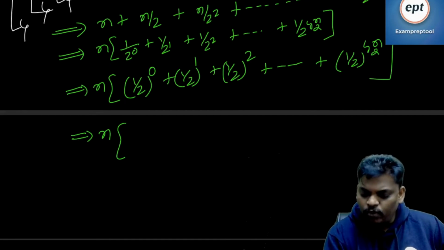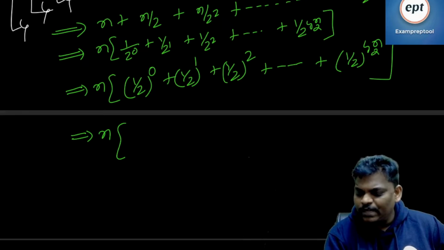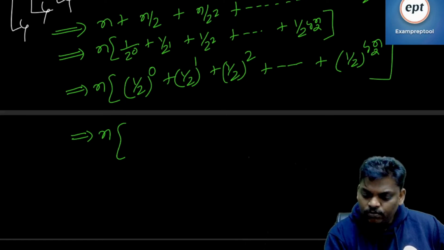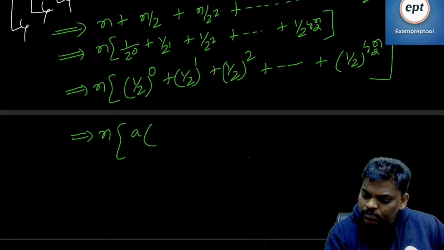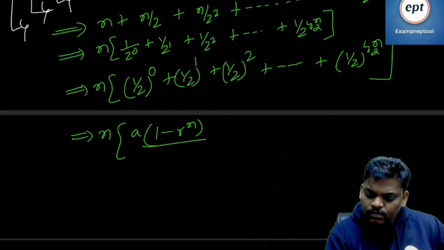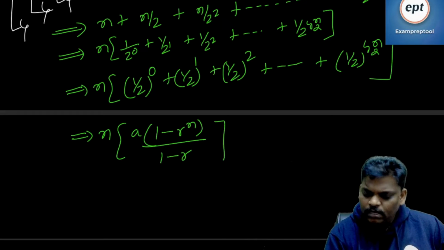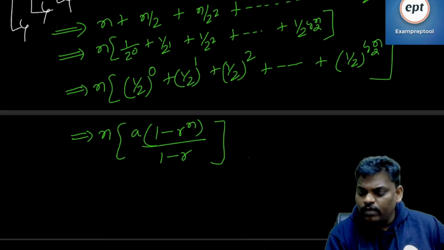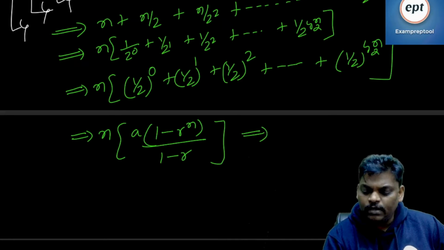I think you know two formulas are there. Let me see the sum of n terms in the GP. A into, for R value less than 1, the formula is 1 minus R power n by 1 minus R. This is the formula if R value is less than 1. If R value is more than 1, the opposite will happen. Because its R value is less than 1, this is the formula. n outside anyhow.